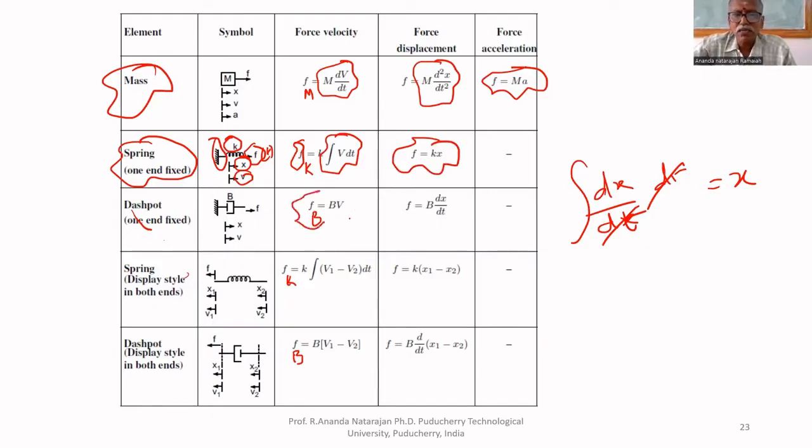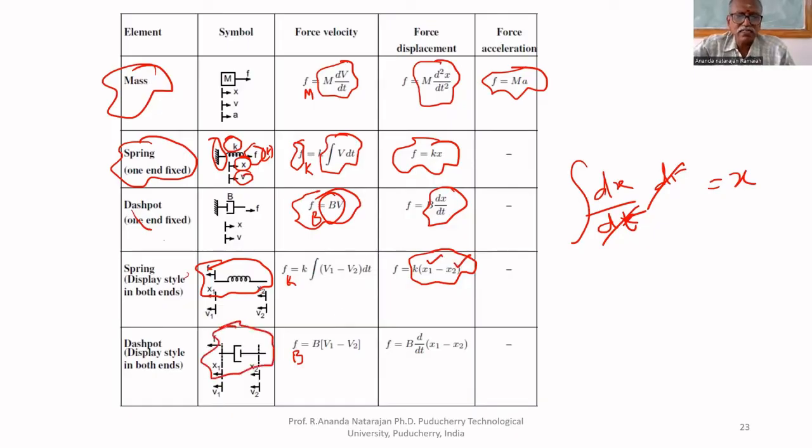If it is a dashpot, here also one end is fixed. In that case, if you know dx by dt as velocity, then the force is bv. Similarly, if both ends are free, for the spring it is K times x1 minus x2, or in terms of velocity, K integral of v1 minus v2 dt.